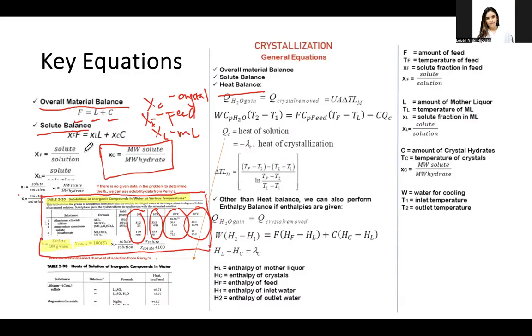At different temperatures you have different solubilities. So let's say at 10 degrees Celsius, the solubility of aluminum sulfate is 33.5. Now, you're going to plug in that value here in order to determine the X solute.